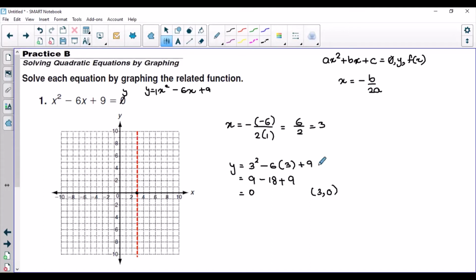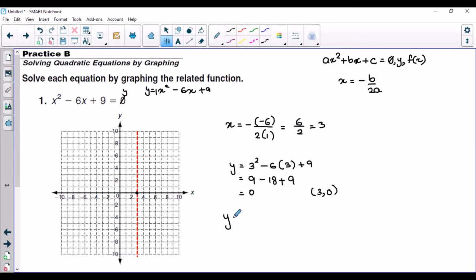Now once we have done this, we need to choose two of our own points, our own values of x, to find two more points so that we can draw the graph properly. It's always better to choose numbers less than the value of the axis of symmetry so that we can reflect them. Now x is 3, so let's take 2.